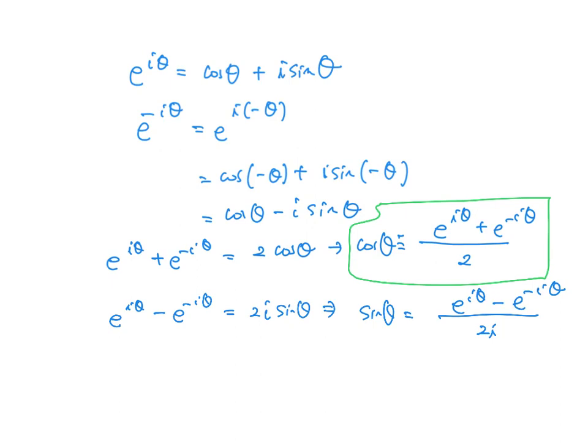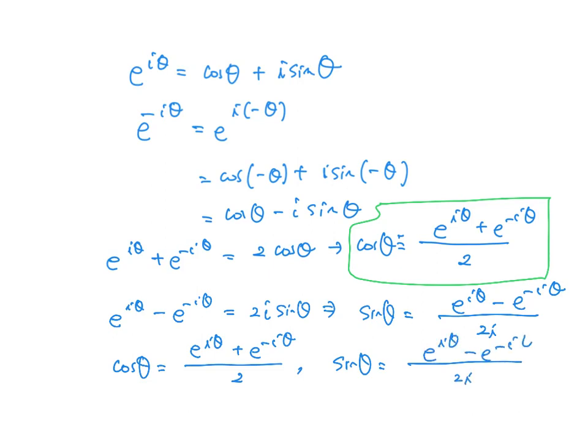So there is another way: cosine theta is exponential I theta plus exponential minus I theta over 2. Sine theta is exponential I theta minus exponential minus I theta over 2I. So far, so good. Not very difficult, right?